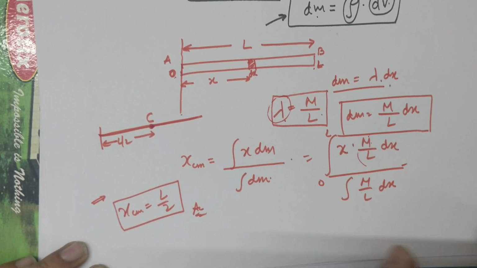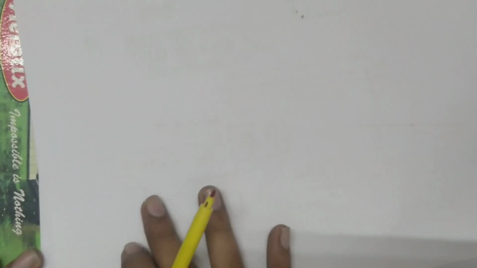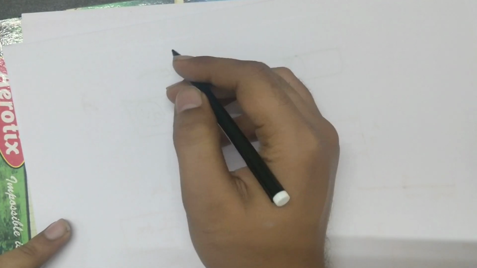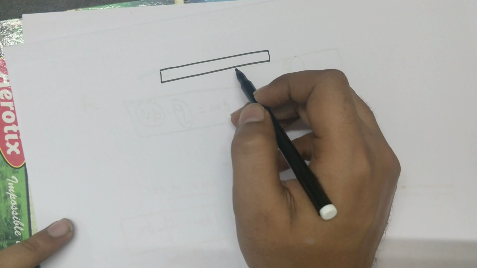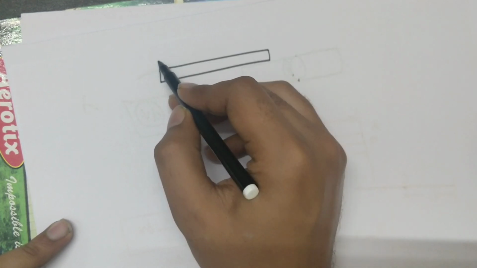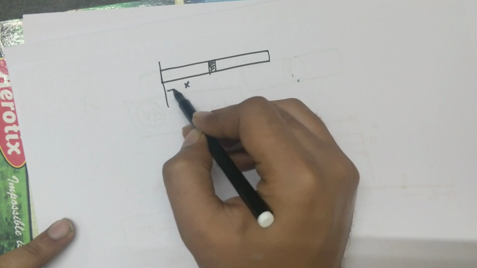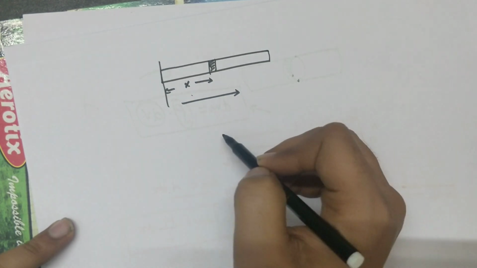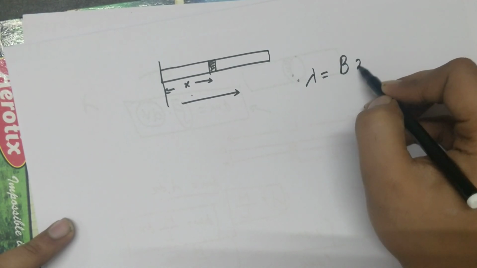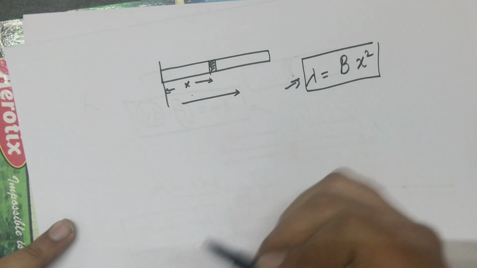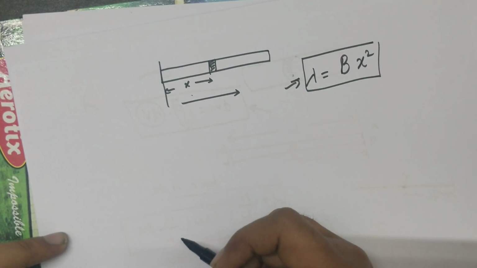Suppose let me discuss a case that is really important, in which a good numerical can also be made: the rod is non-uniform. What is non-uniformity? The density will depend on distance. Suppose this is a distance x in this direction, and the linear mass density is given as bx square, for example. What is lambda?